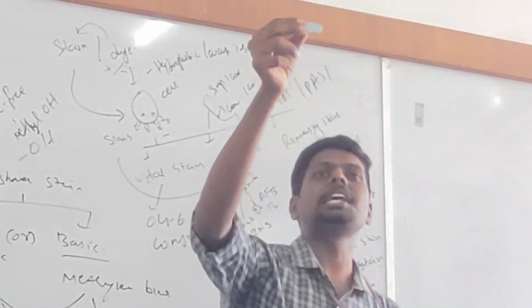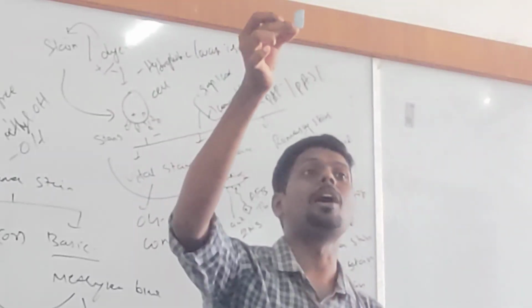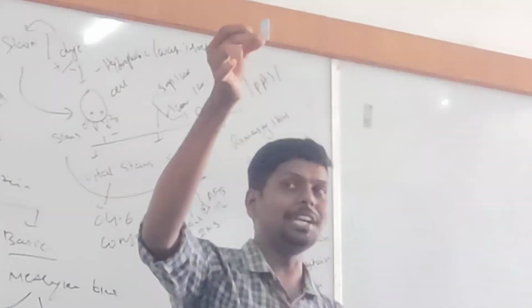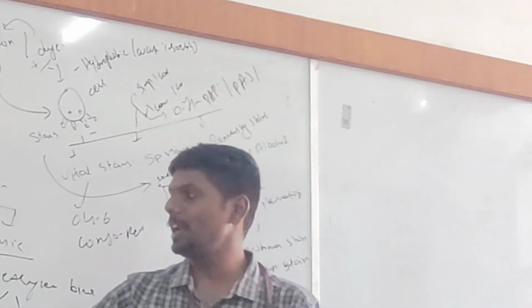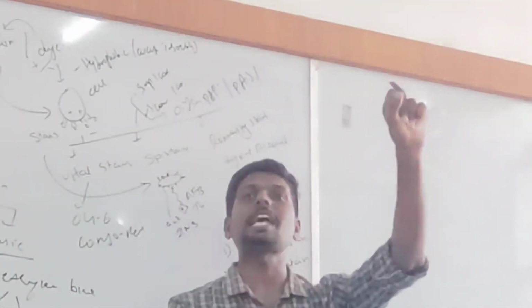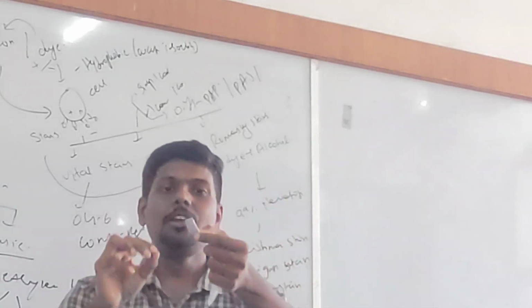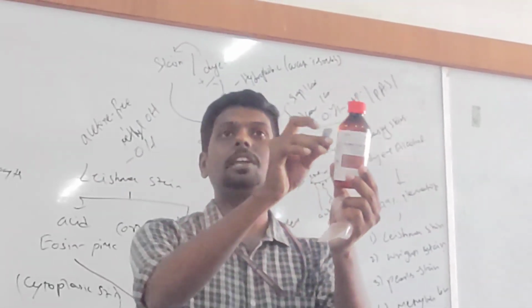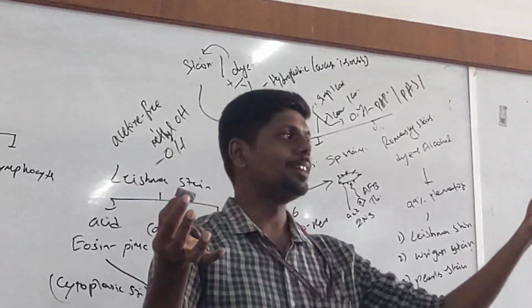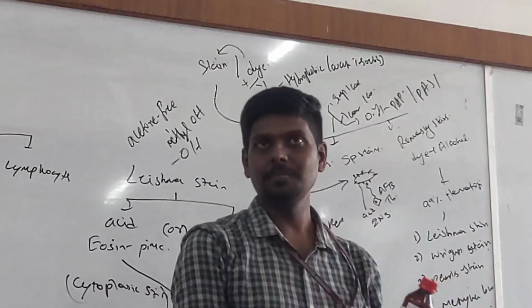In this there is a color, dye, powder. It will have methylene blue and eosin powder present in this sachet. Now we will add this sachet into this alcohol solution, leading to a stain. A dye became a stain.